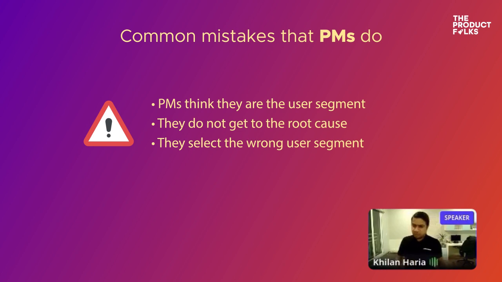Unless you do all of that, the chances are you might move the metric but by a very small quantum, if you solve a very small problem somewhere or the other. So that's the first thing I will recommend as you folks are thinking through that particular problem. And the most common mistake, by the way, that I as a PM made and I've seen most PMs make, is they think that they are the user. That is in 99.999% of cases wrong.